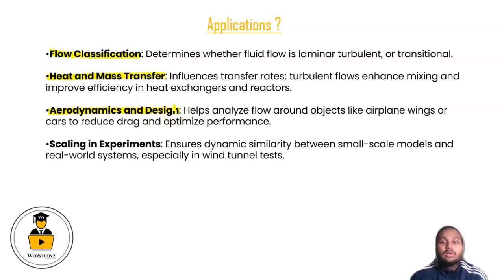It helps to study flow around objects like airplane wings or cars, so as to reduce drag and optimize their performance. And lastly, scaling in experiments. It ensures dynamic similarity between small scale models and real world systems, like in wind tunnel tests.